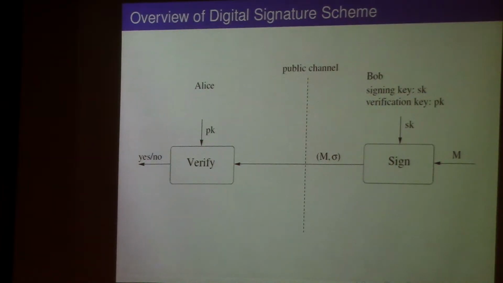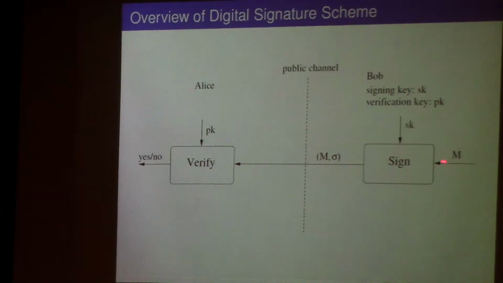So how to do that in the digital world? That's what digital signatures try to capture. Again, there is this public channel, but here the goal is not to hide the message M. So you have two transformations, sign and verify, well, two algorithms really.